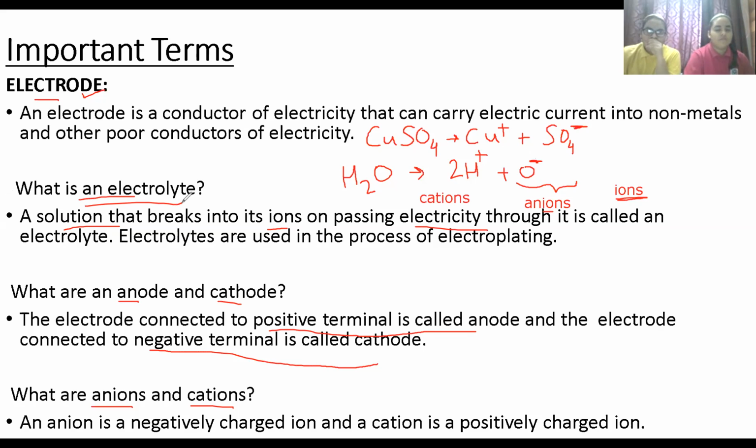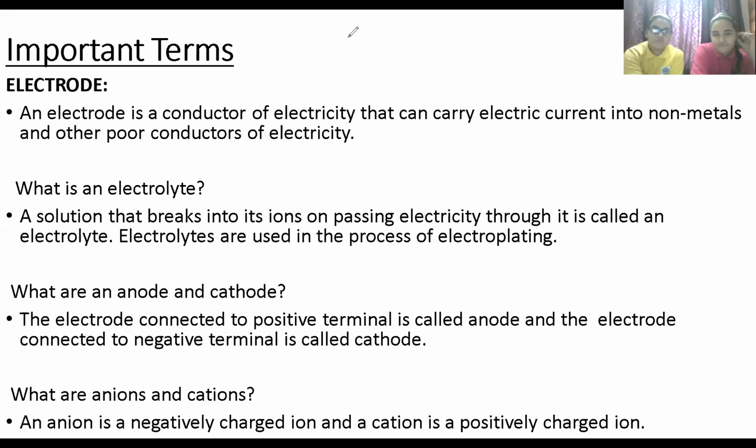When the current is passed through it, its components get separated in the form of ions, and this is known as electrolyte. Understood all of you? What do you mean by electrode, electrolyte, anode, cathode, anions, cations? Okay, good.